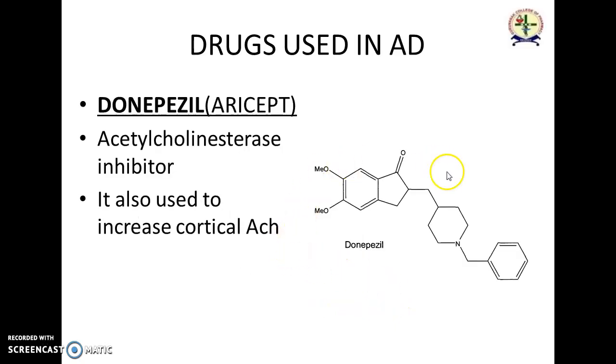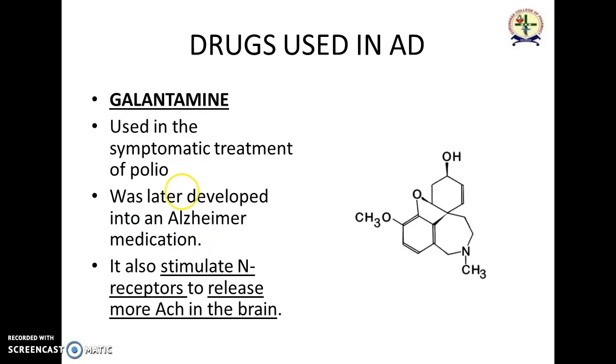This is the structure of donepezil. It is an acetylcholinesterase inhibitor. It is also used to increase the cortical acetylcholine level. Second example is galantamine. You can see the diagram of galantamine. It was previously used in the symptomatic treatment of polio, but later developed as Alzheimer's medication.